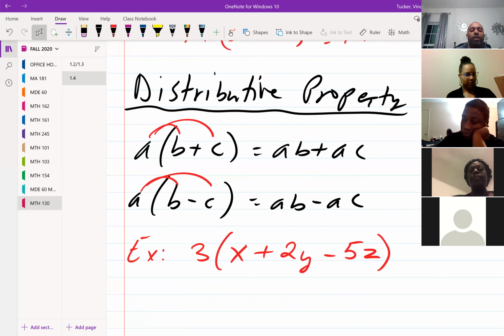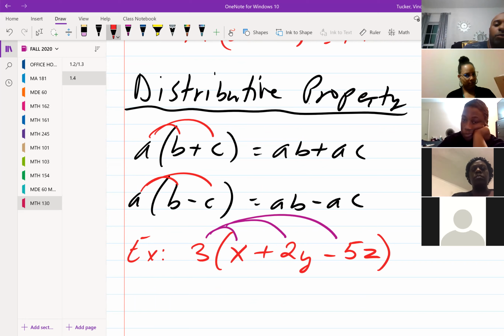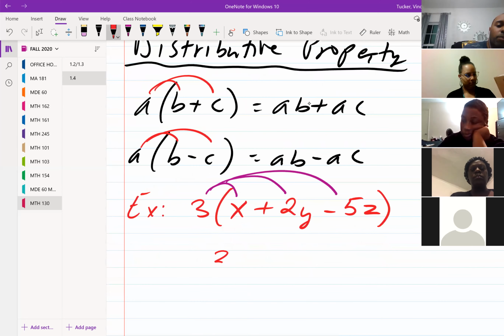So if I had 3 times the quantity of X plus 2Y minus 5Z, I can distribute that 3 to each term, and that would be multiplication. So that would be 3X plus 6Y minus 15Z.